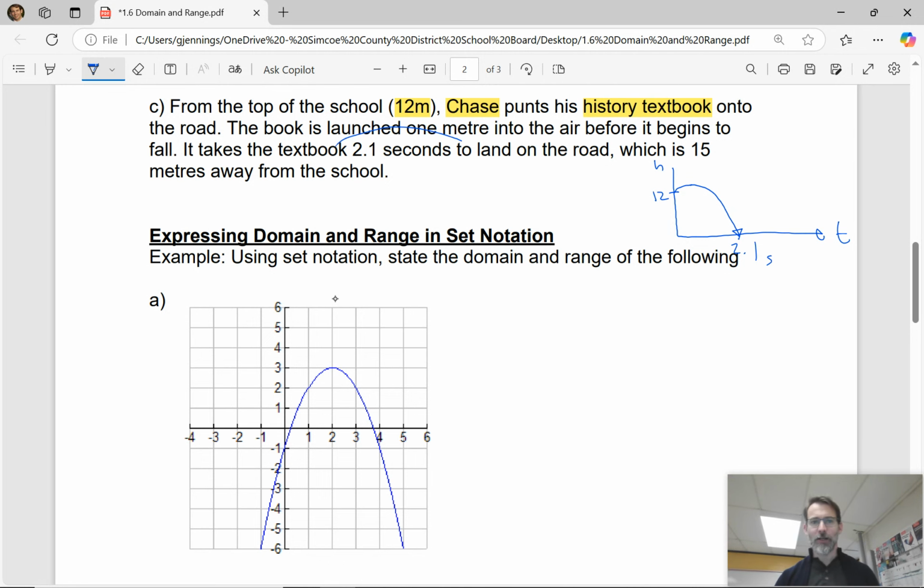Okay, that's this one. Where do we use this 15 meters away from the school? I have no idea. I actually don't know why it's in there. I should look at these sheets that I borrow from other teachers sooner. Because I could graph horizontal distance or I could graph time, but I can't really graph both unless I use 3 dimensions. So anyway, now I want to talk about domain and range.